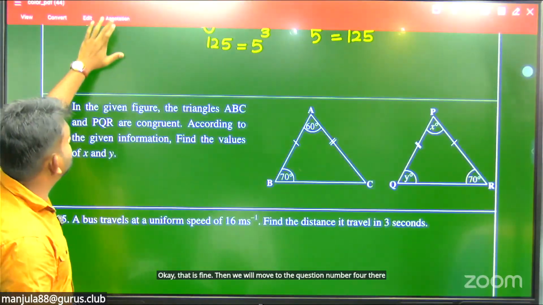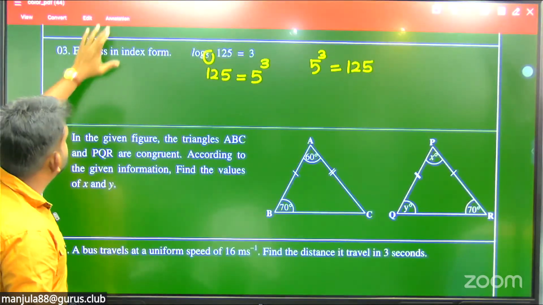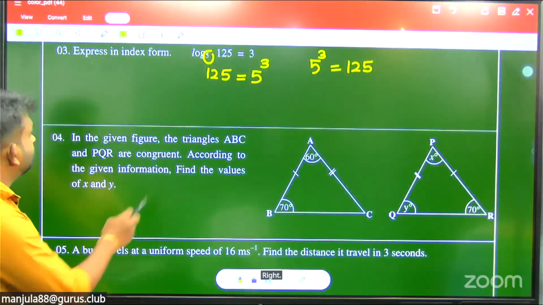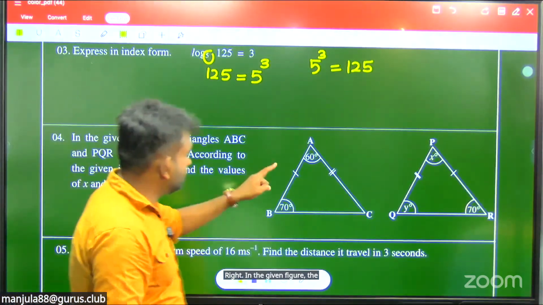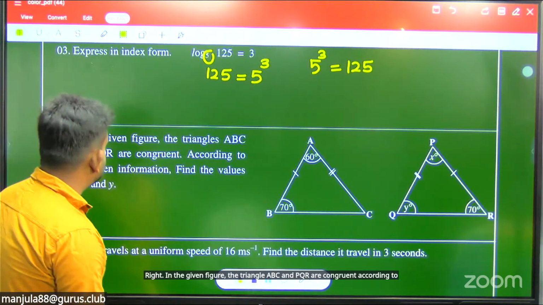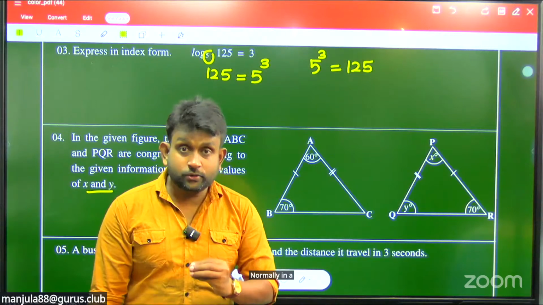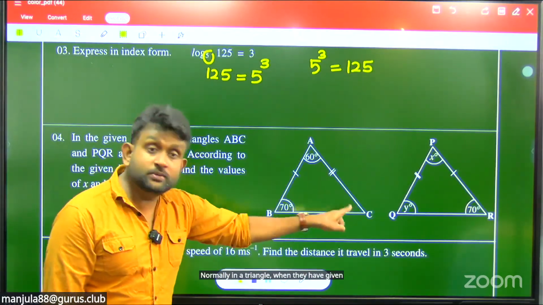See question number 4. In the given figure, triangles ABC and PQR are congruent. According to the given information, find the value of x and y. Normally, in a triangle, when two angles are given, find the balance angle.